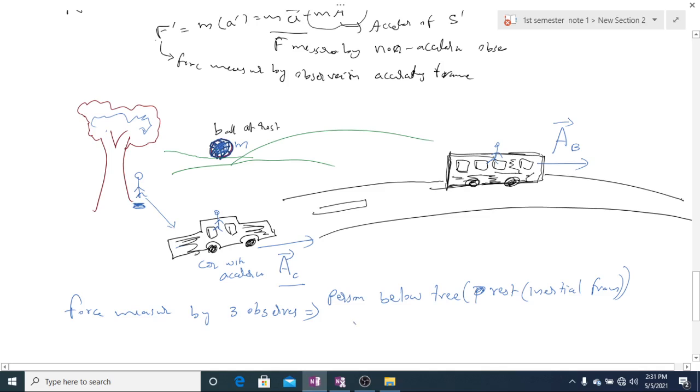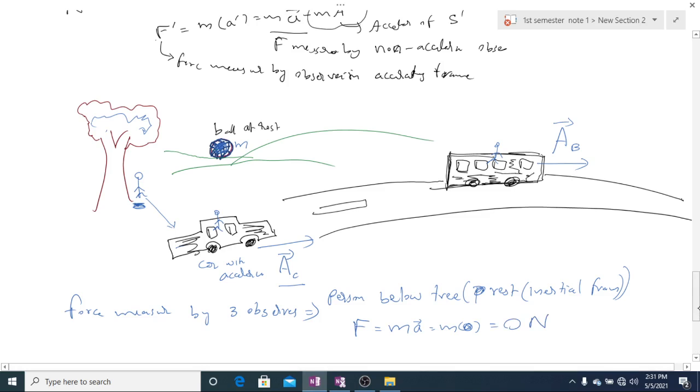He will measure F equal to m, the mass of the ball, into the acceleration of the ball. Since the ball is not accelerating with respect to him, he will measure acceleration equal to 0. Therefore he will measure a force equal to 0 newton.